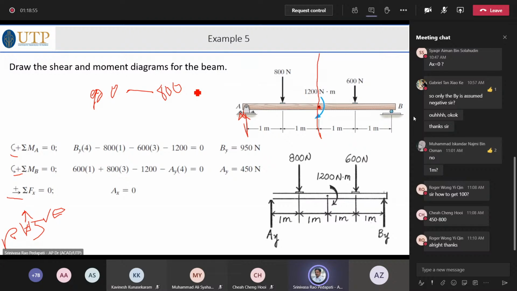It jumps to 1300. This 100 is acting in the clockwise direction, and 1200 is also acting in the clockwise direction. Therefore, it jumps from 100 to 1300 like this.